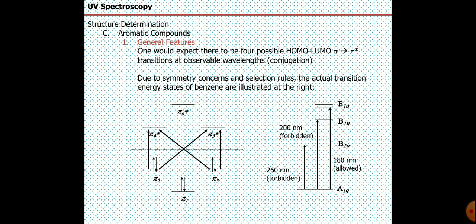The second is A1G to B1U, which is also a forbidden transition, and the third transition is A1G to E1U, which occurs at 118 nanometer and is allowed. So these are the types of transitions in aromatic systems.